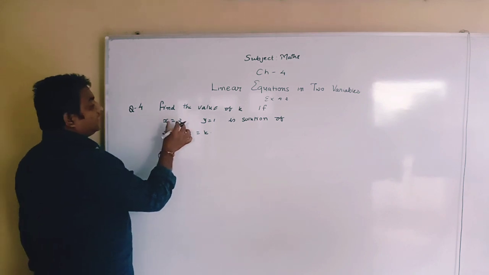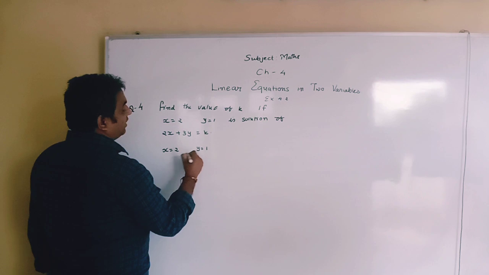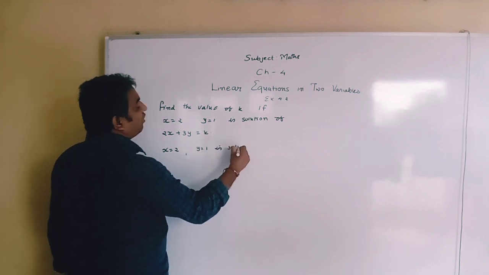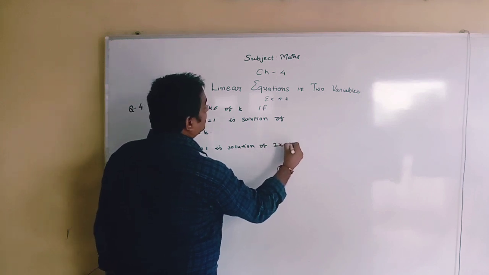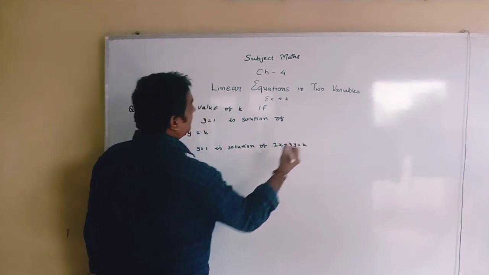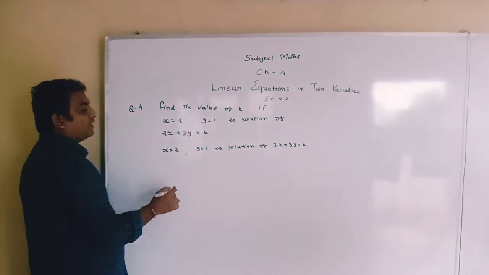So here the condition is given that x equals 2, y equals 1 is a solution of 2x plus 3y equals k. And so we substitute x equals 2 and y equals 1 here.